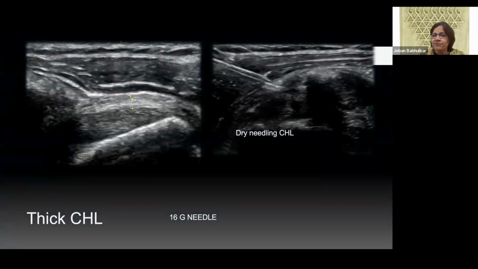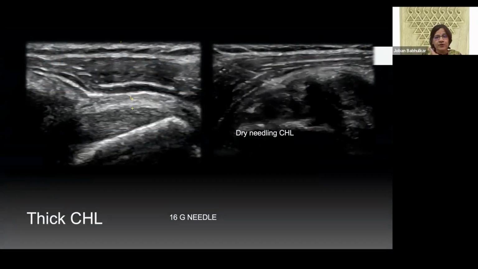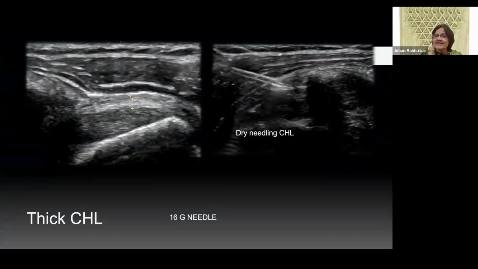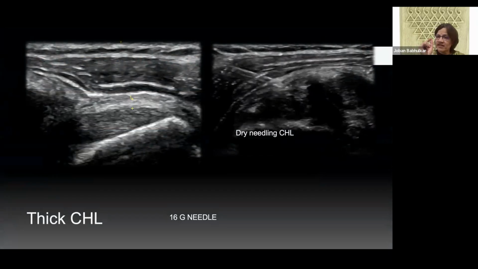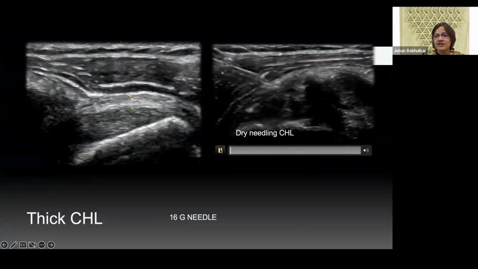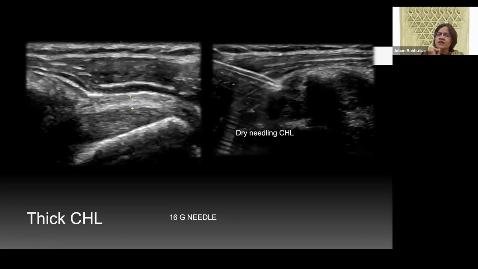What you can do is what I have done in this particular patient. That is using a 16 gauge needle. Otherwise, I would be using an 18 gauge needle for this particular maneuver. Instead, in patients who have a thick CHL, who have external rotations in -10 or 0, we use a 16 gauge needle and we do something like a fenestration or a dry needling of the CHL, as you can see in this particular video loop.